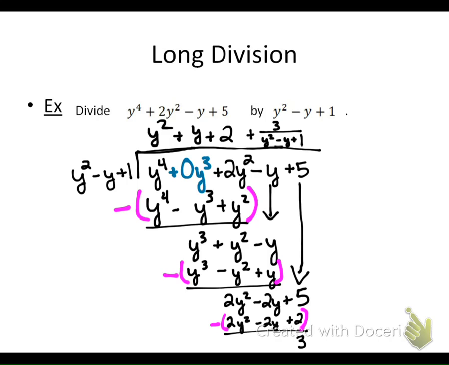Ending answer: y squared plus y plus 2 plus 3 over the quantity y squared minus y plus 1.